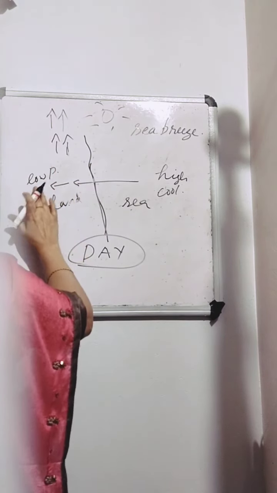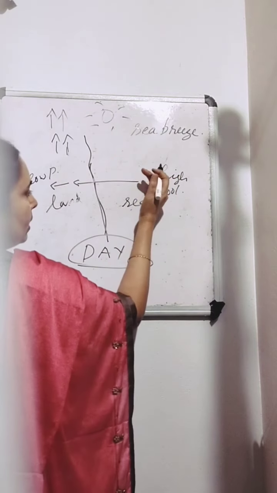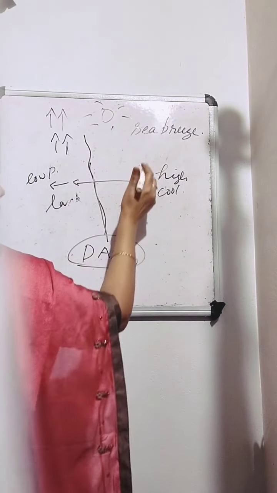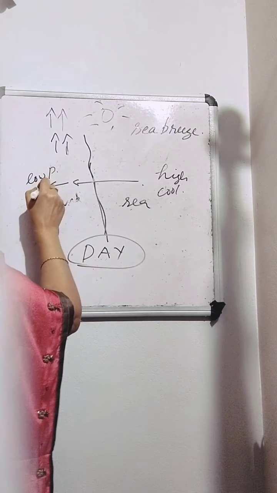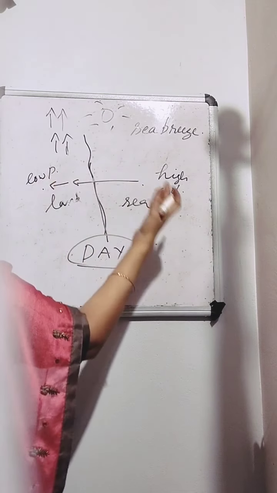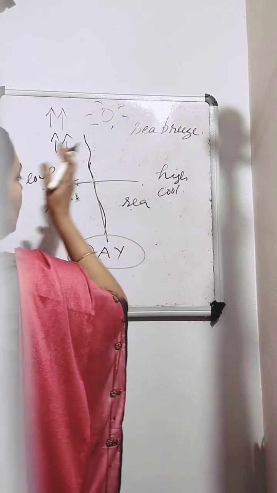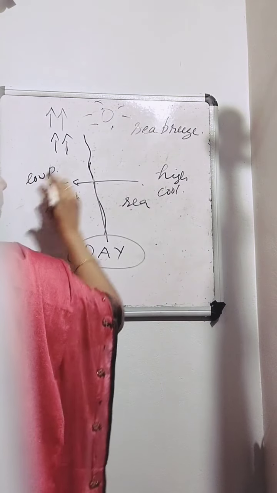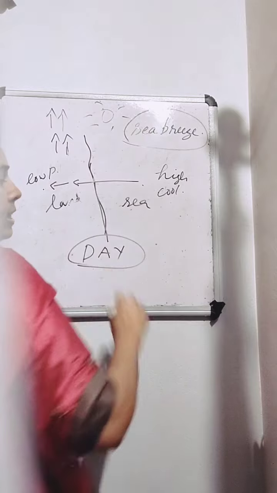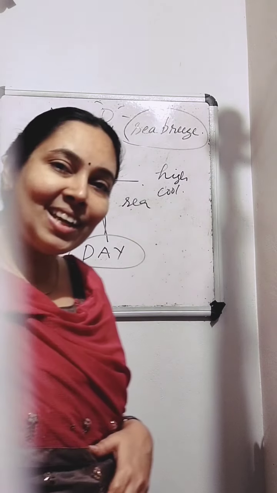When the pressure becomes less here, air from this region, where the pressure is high, moves in. So cool air from sea moves to the land. So during the daytime, what is the direction of wind? Wind moves from sea to the land. And that is called sea breeze. Is it clear?